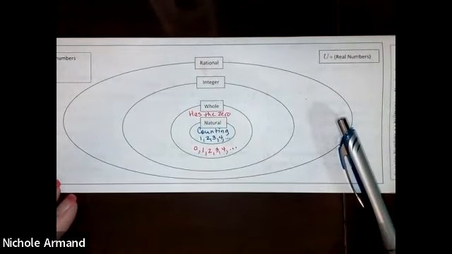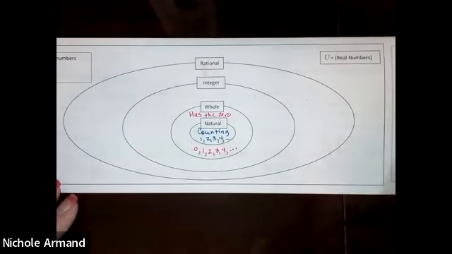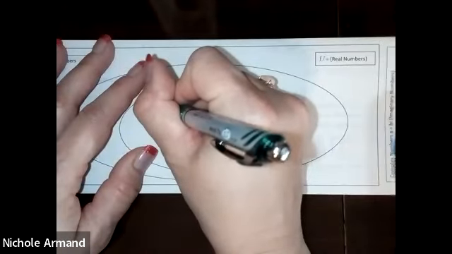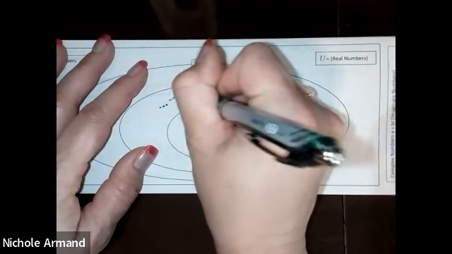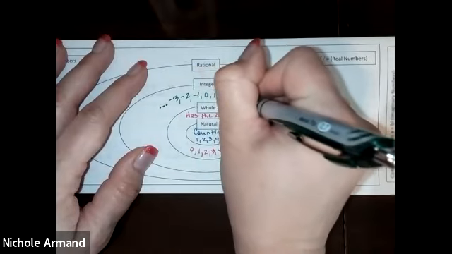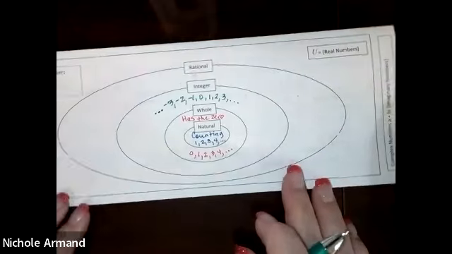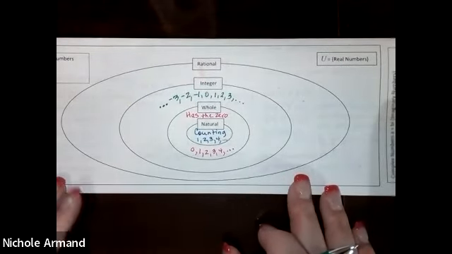The integers, on the other hand, look like this: ... -3, -2, -1, 0, 1, 2, 3, ... Notice that this set is infinite in both directions.